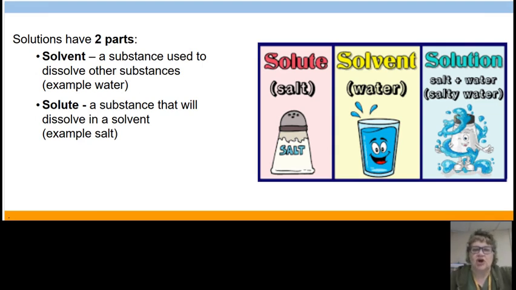Oxygen is the solvent, nitrogen is the solute. Okay. The solute is whatever it is that you're going to dissolve in the solvent. The solution is the two of them together, right? And they look like one thing. Okay.